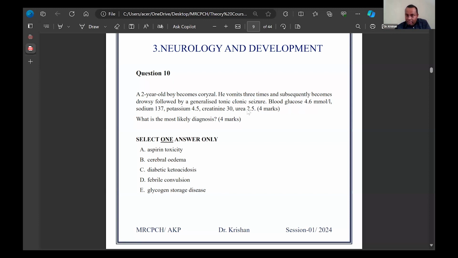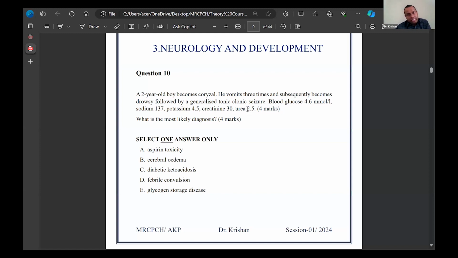He vomited 3 times, subsequently becomes drowsy, followed by a generalized tonic-clonic seizure. And in the background, it says the child was coryzal, so he has had cough and cold as well. So could that be cerebral edema? Possible. It can cause seizures. So we can take it as a possible answer.